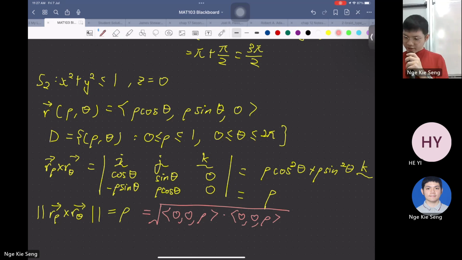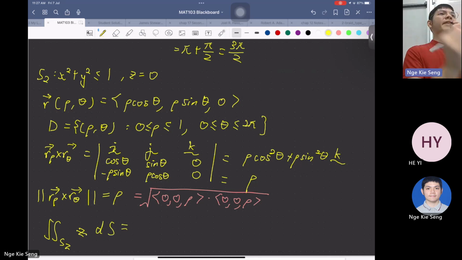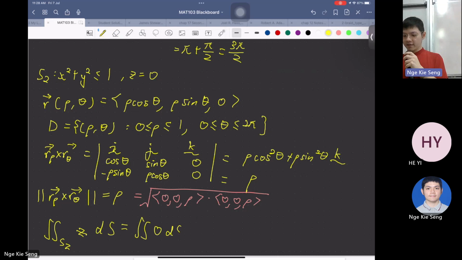In fact, there's a quick calculation here. What is our function to integrate? It's just z dS. But on our surface, what is z? 0. Which means you are integrating a zero function. So no matter what surface you integrate, you will just get 0.